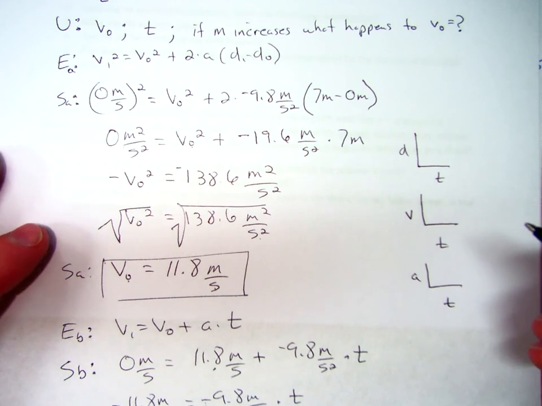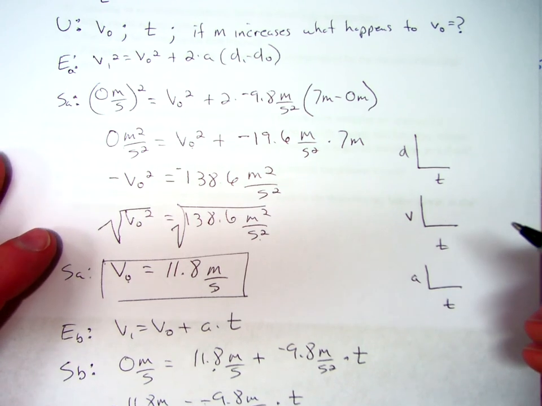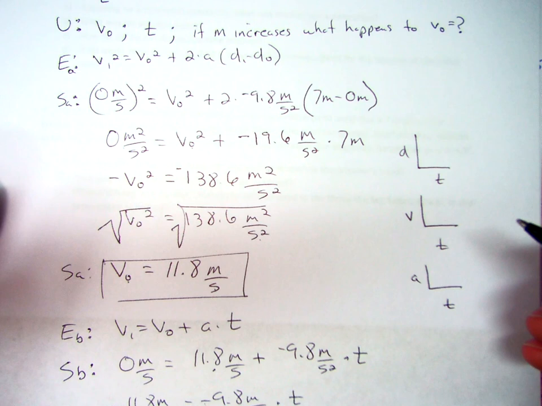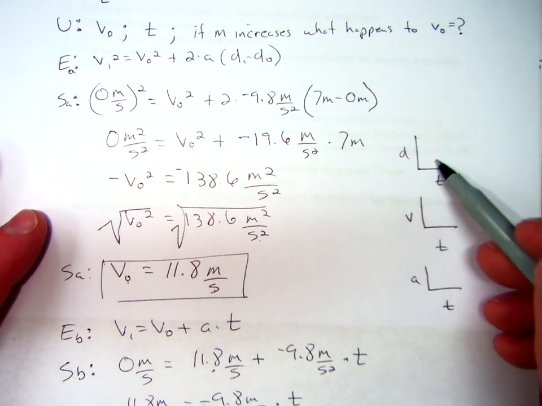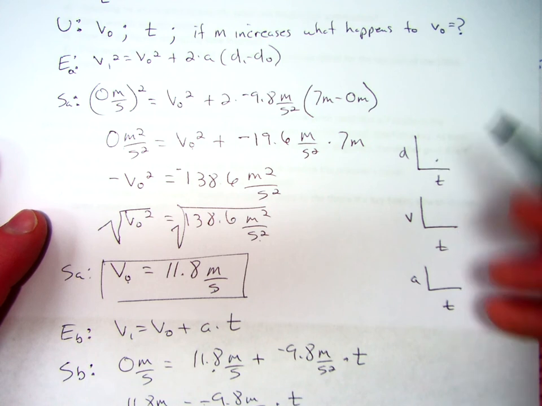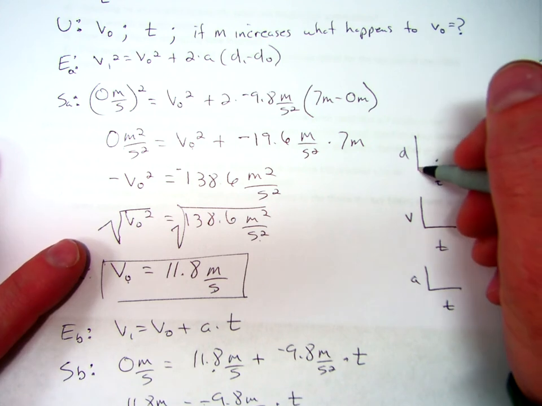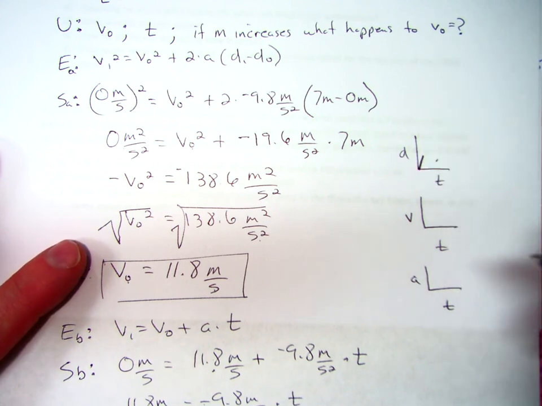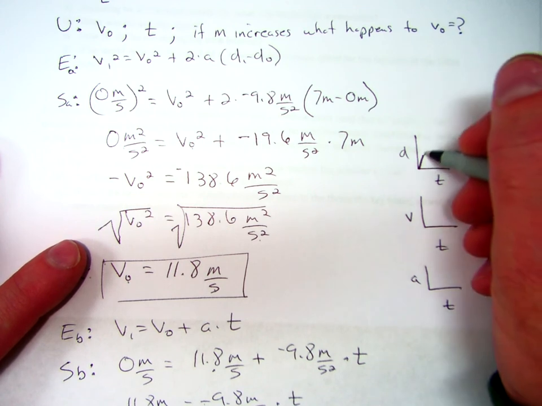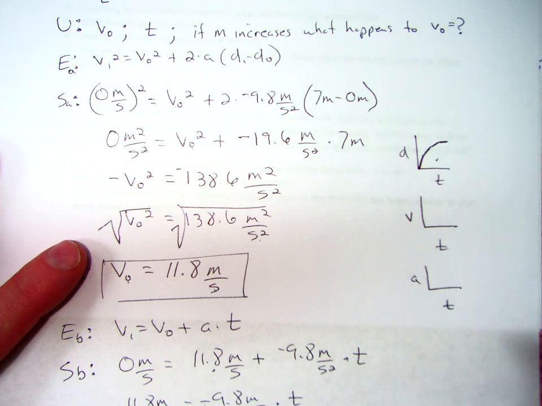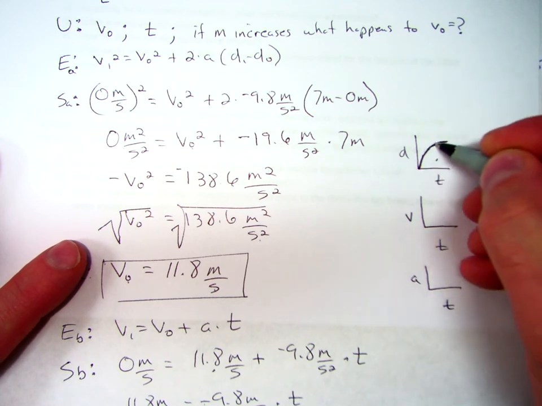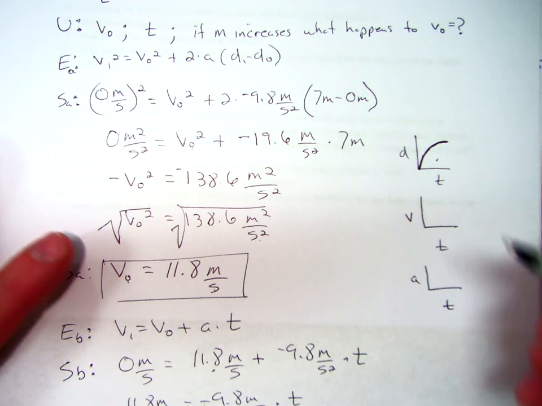We started with a velocity of 11.8 and we ended with a velocity of 0, which would be a horizontal line on this graph. And so we have big slope on the displacement versus time graph, which would be 11.8, and then we have less and less, and we end up with a 0 horizontal line. So it is a concave down parabola.